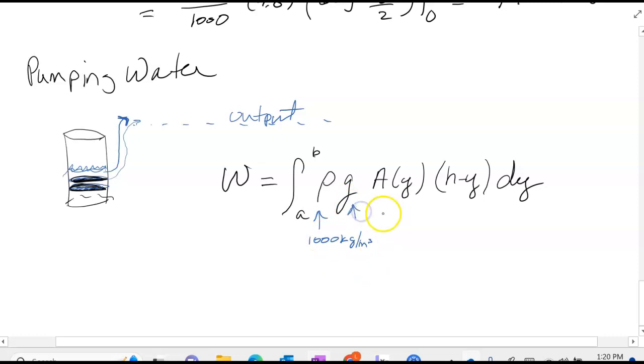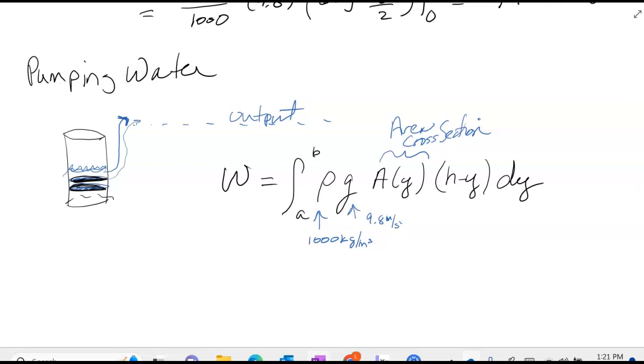Obviously, we're going to keep our 9.8 meters per second squared. This is going to represent the area of the cross section, and then of course this is the distance the water travels.